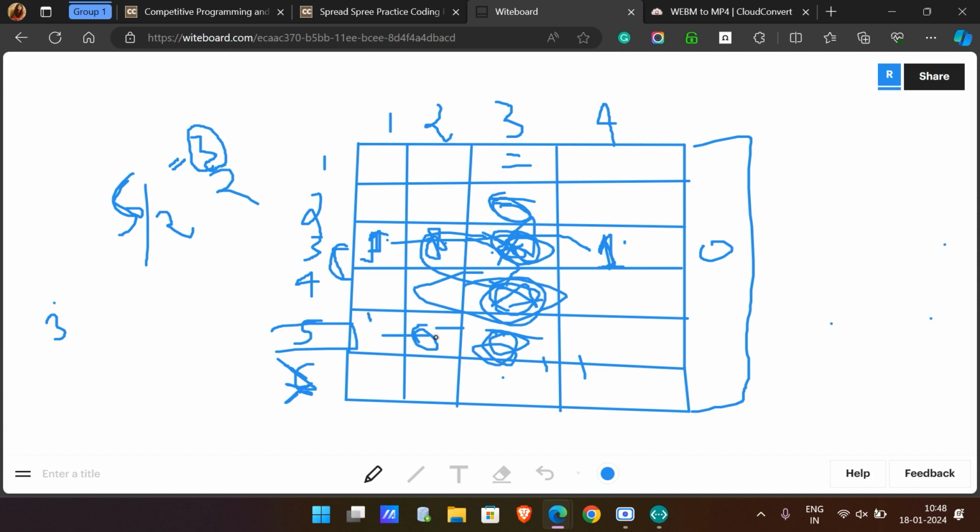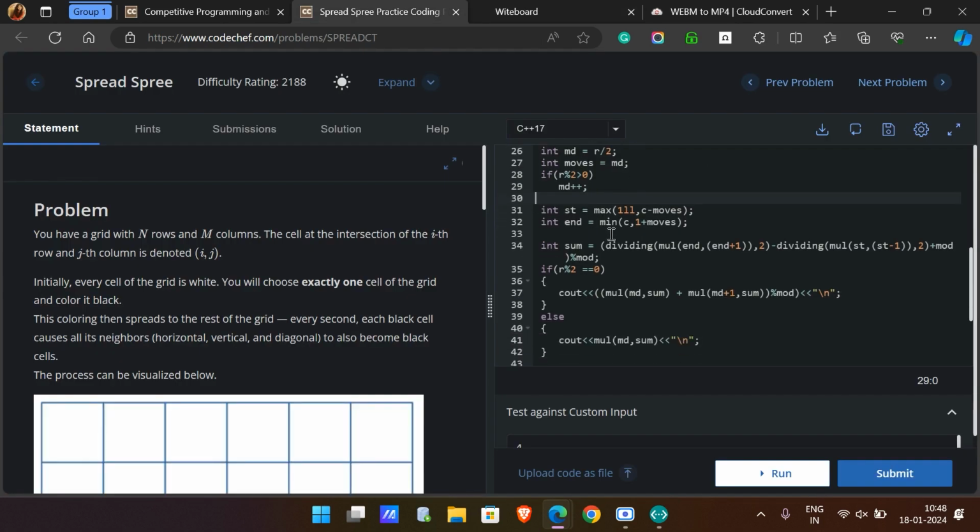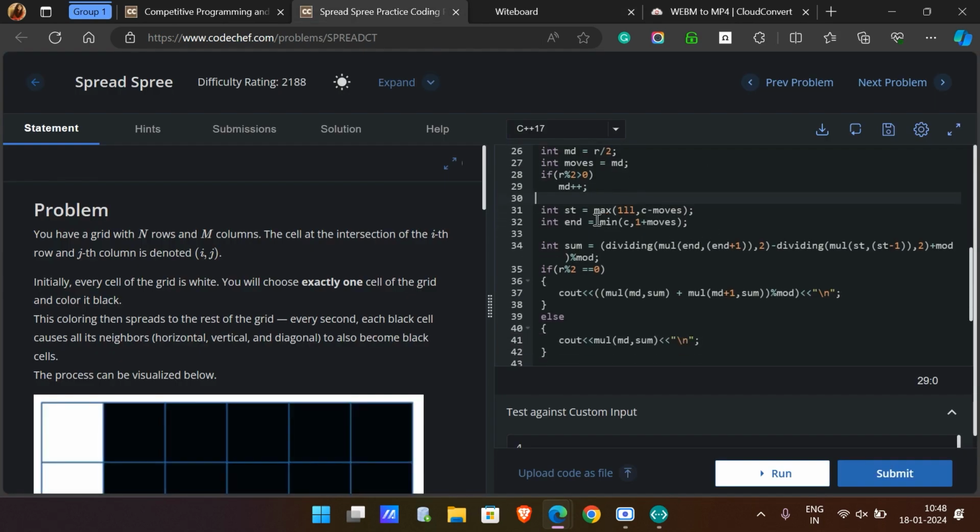So that would be my starting one, and c plus moves would be my ending one. So from within this range I could make the cell black to spread with the minimum number of moves. So this is my ending column, and this is my starting column.